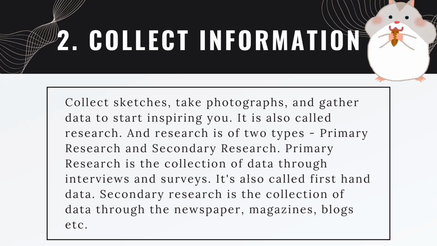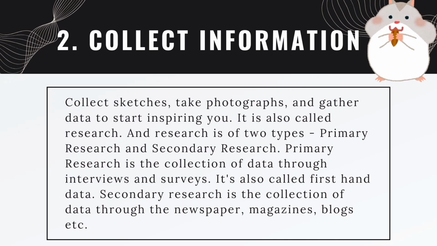Second is collect information. Collect sketches, take photographs, and gather data to start inspiring you. It is also called research, and research is of two types, primary research and secondary research. Primary research is the collection of data through interviews and surveys. It's also called first hand data.